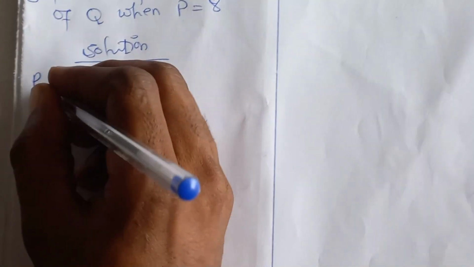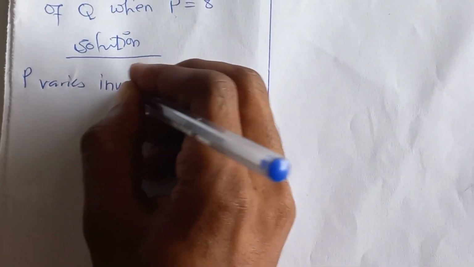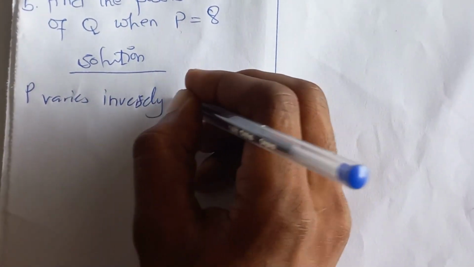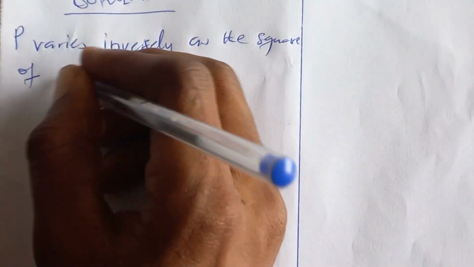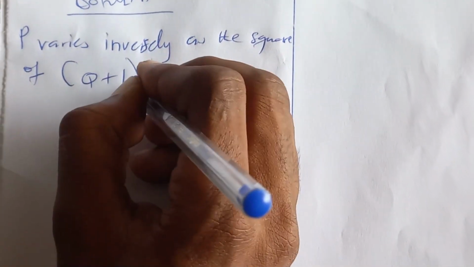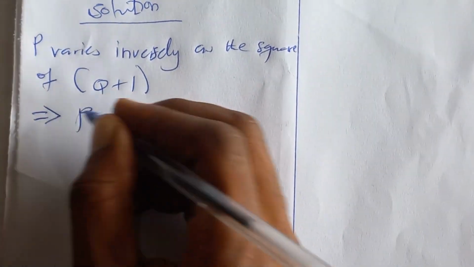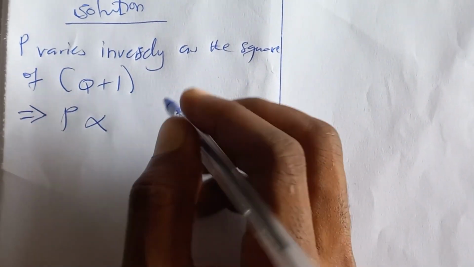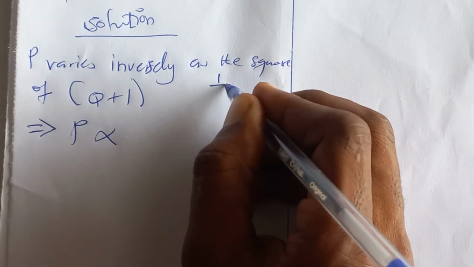So first of all, it says P varies inversely as the square of Q plus 1. So let's write it here. So P, then our proportional sign, varies as the inverse. So here you see that inverse is 1 over something.